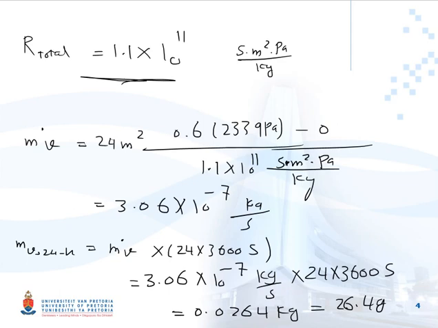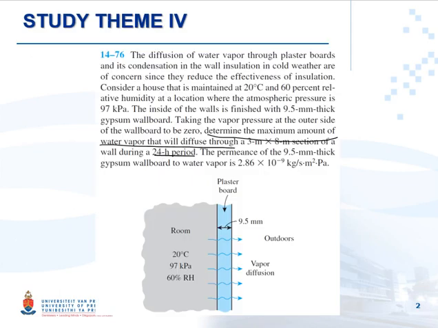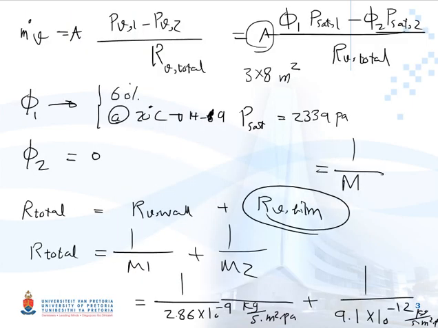Note that this is very important, because you remember the reason why we could solve this problem is because the question is asking about the maximum amount of water vapor. We get the maximum amount of water vapor when our driving force is maximum, when this phi 2 is equal to 0.